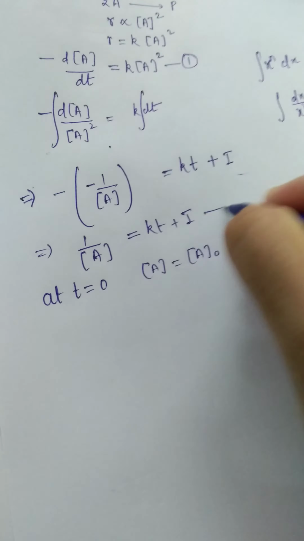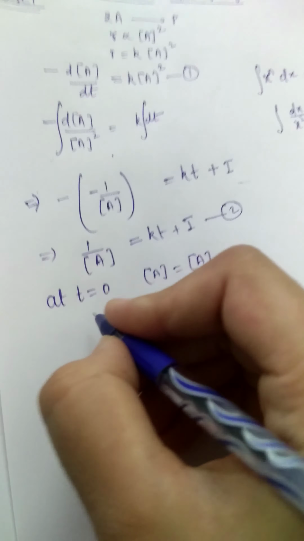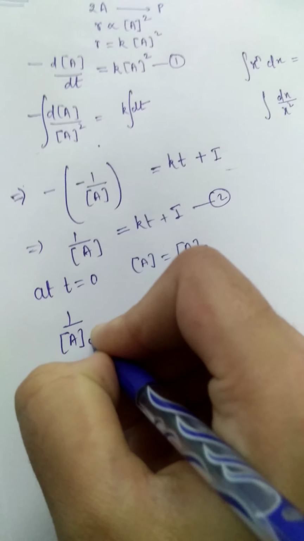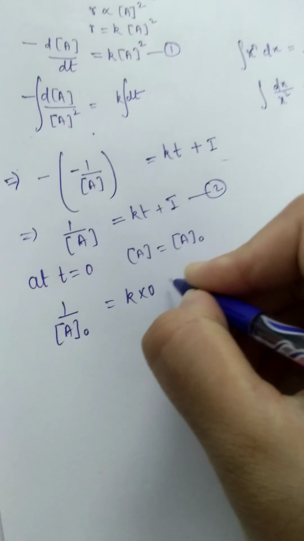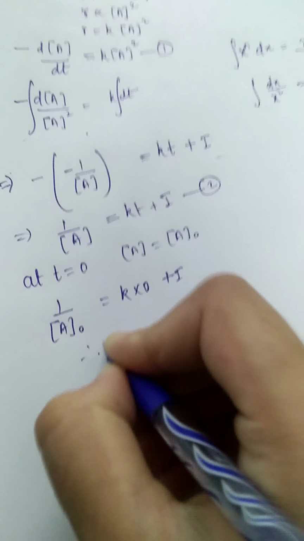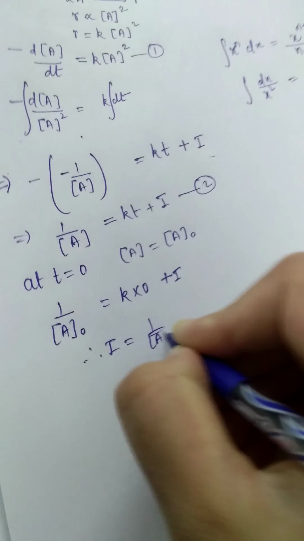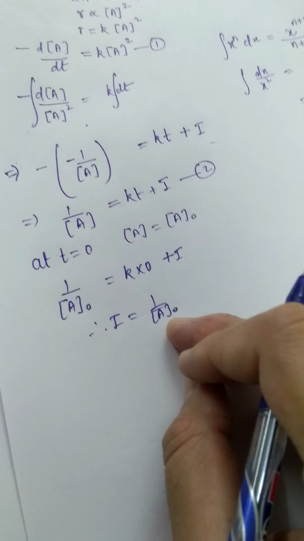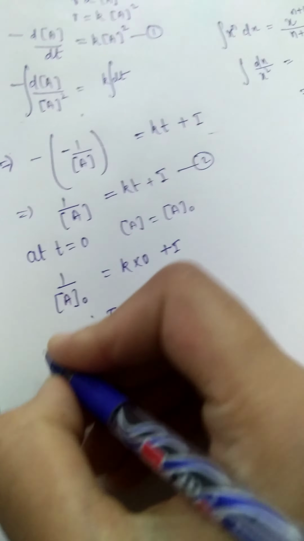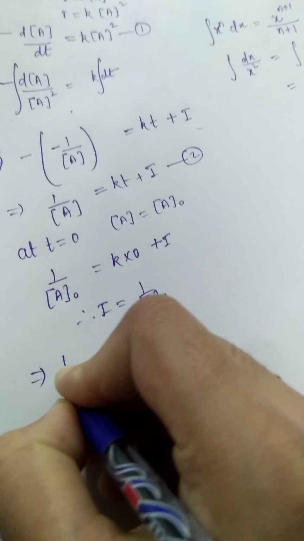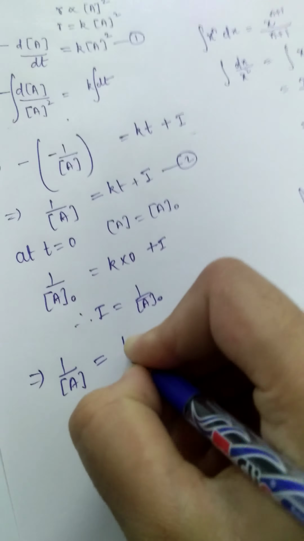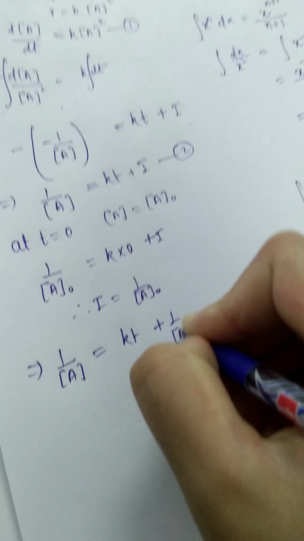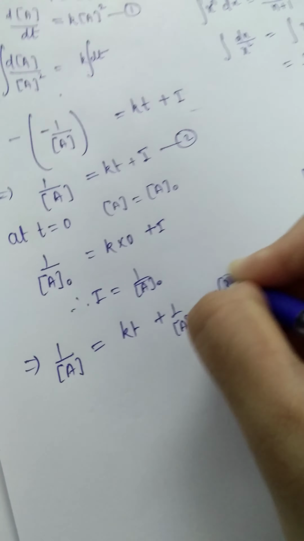By putting these values in equation 2, you will get 1 upon A naught equal to K into 0 plus I. Therefore I becomes equal to 1 upon A naught. Now putting this value into your second equation, you will get a new equation, that is 1 upon A equal to Kt plus 1 upon A naught. This is your third equation.